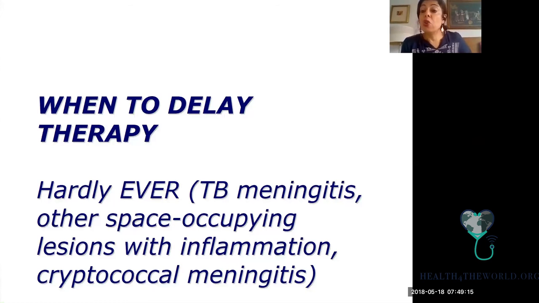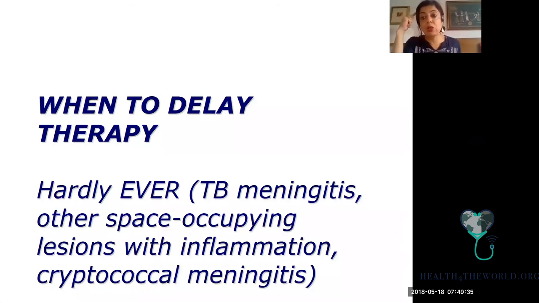It's important to know that everyone should be on antiretroviral therapy. That is the goal. That's what the WHO said in 2015. That's the best way to fight infection worldwide. And there are very few medical conditions where HIV should not be treated with antiretroviral therapy right away.